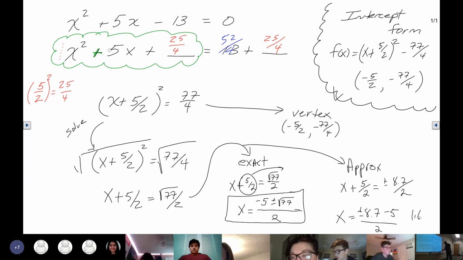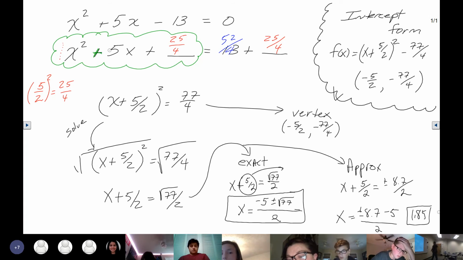So 1.85, that's one x-intercept. And then negative, that'd be negative 12. That'd be 6.85, wouldn't it? Or check my math. What's negative 13.7 divided by 2?